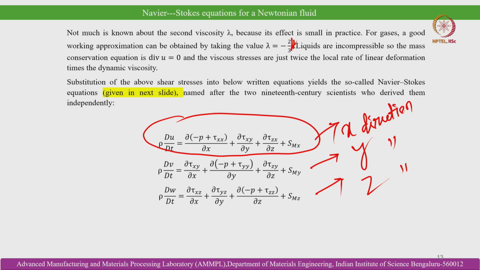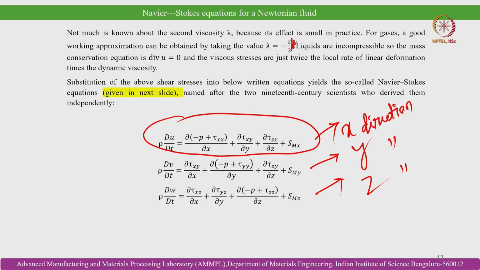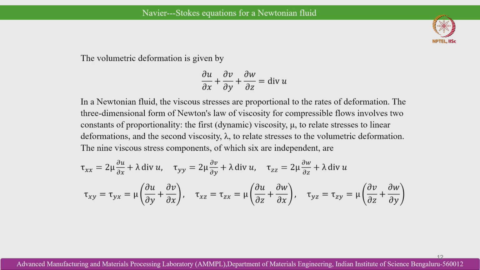Next, how do we get the Navier-Stokes equation? Basically, the expressions relating the stress components to the linear deformation components as well as the volumetric deformation are introduced into the momentum equation.